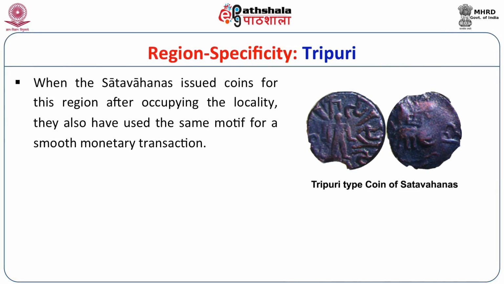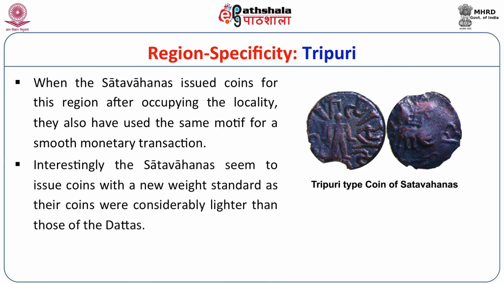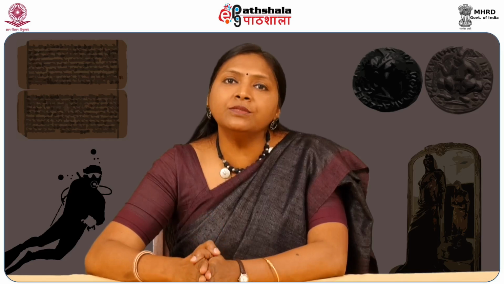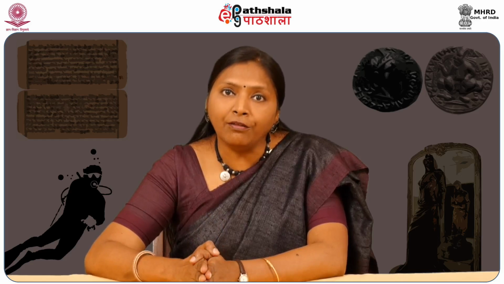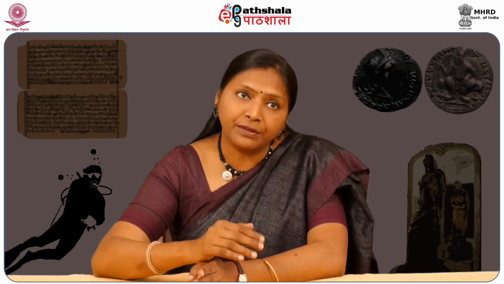When the Satavahanas issued coins for this region after occupying the locality, they also used the same motif for a smooth monetary transaction. Interestingly, the Satavahanas seem to issue coins with a new weight standard, as their coins were considerably lighter than those of the Dattas. Now let us move to the territory of Malwa, that is in Madhya Pradesh.